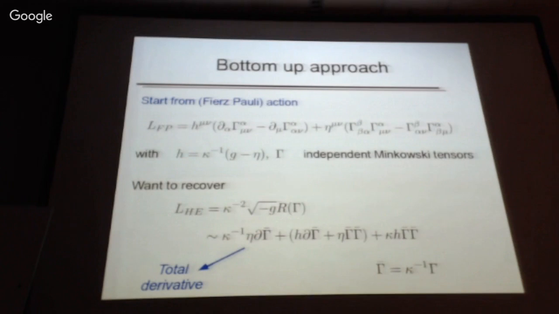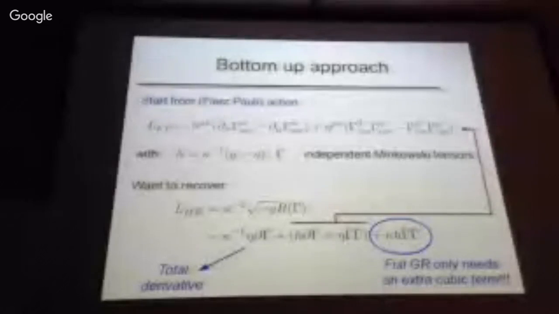The first term is just a total derivative. You can forget it. This piece is exactly what I have here, the Fierz-Pauli action. And then I get a cubic interaction between the gammas and the h. So general relativity is just a cubic interaction in this language. So I only need to explain a cubic interaction.